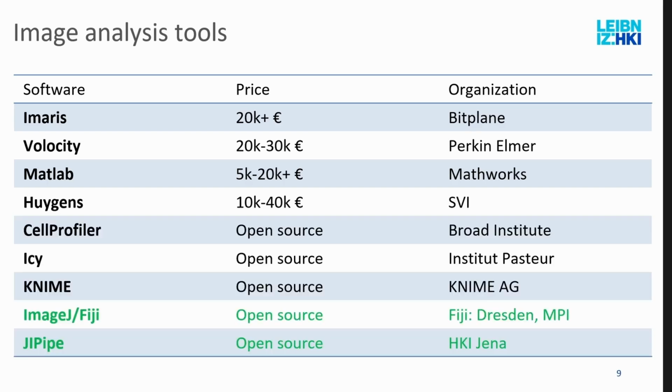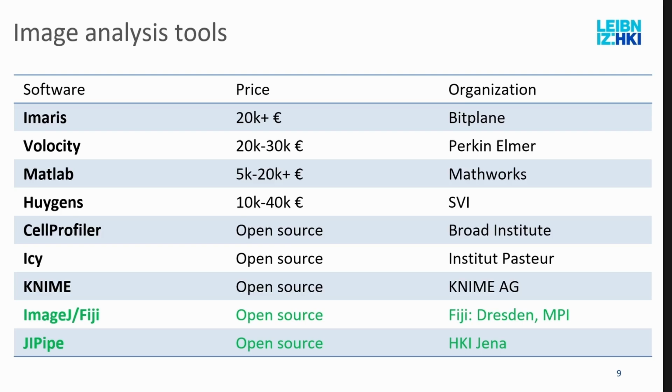So there are also a lot of open source tools that you can use to do the same tasks, sometimes a bit more, sometimes a bit less. They all differ a bit. But the general thing is they are for free and you can just download them. Very commonly used is CellProfiler, very, very popular. Icy is also popular in some specific communities.